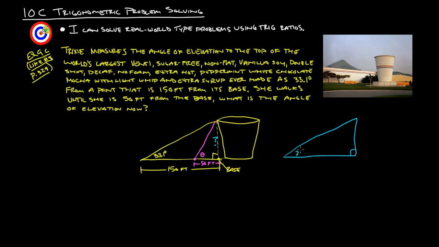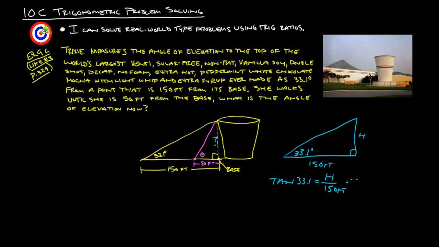So if we look at just the big triangle, we've got 33.1, and this is 150 feet. We want to figure out what the height is there. That's opposite and adjacent again. So we'll do tangent 33.1 equals h over 150 feet.